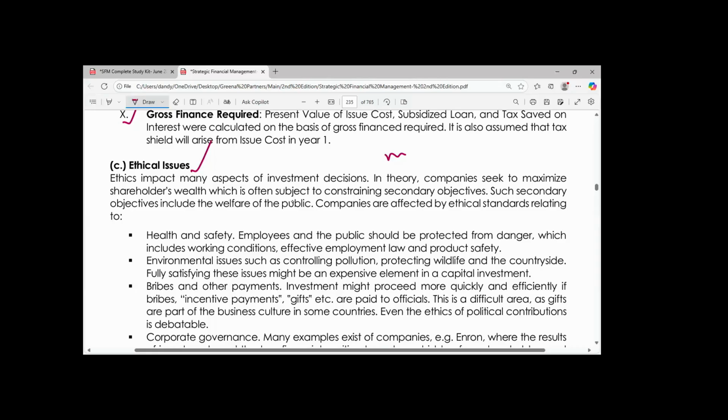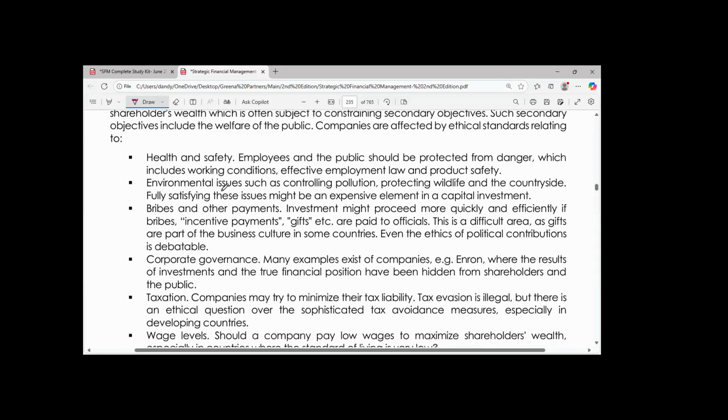Companies are affected by ethical standards relating to, one, health and safety in relation to projects, when you are embarking on capital budgeting decision. So when the project is being developed, you need to consider the health and safety of the workers, not only the workers.